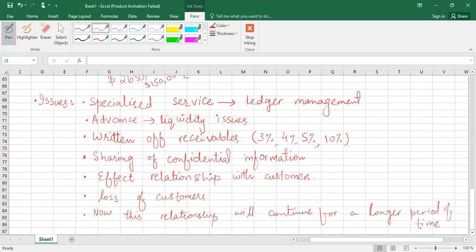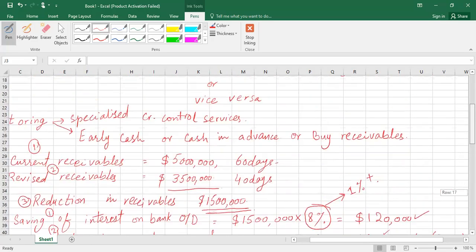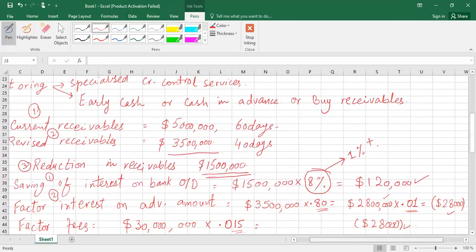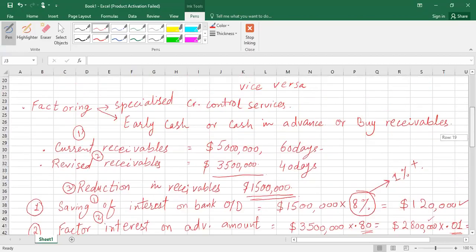These are the issues which are relevant with the factor company or factoring. So a very important aspect of receivables management is possible with factoring, where a company can resolve its liquidity issues, but it has its own issues.